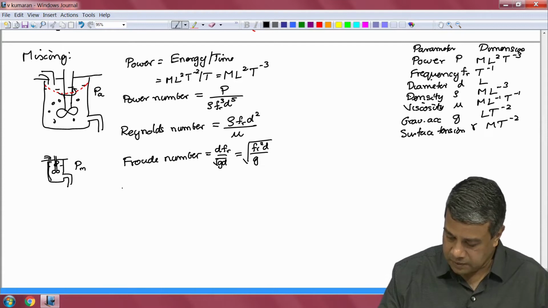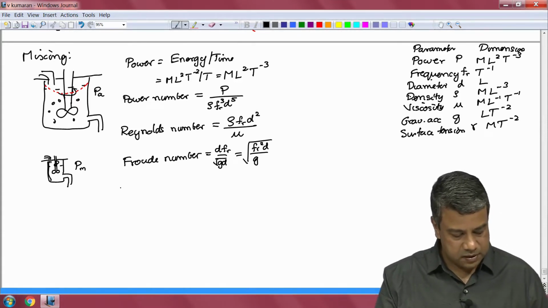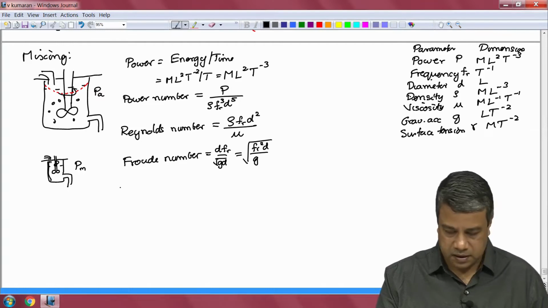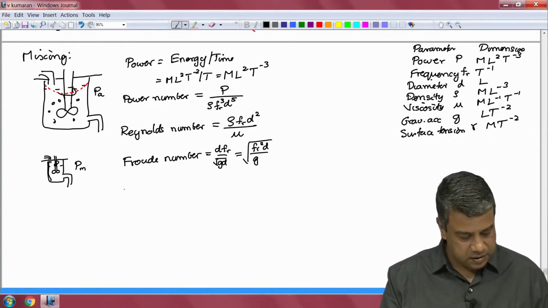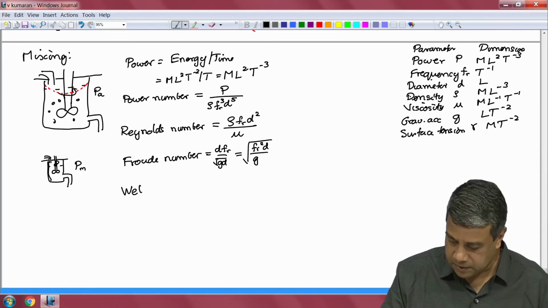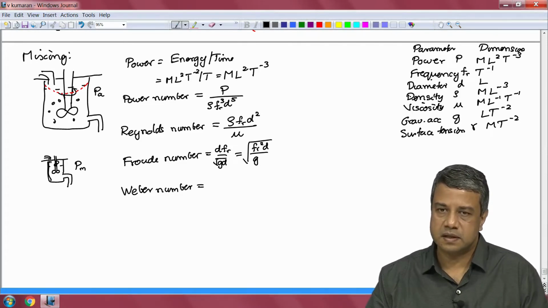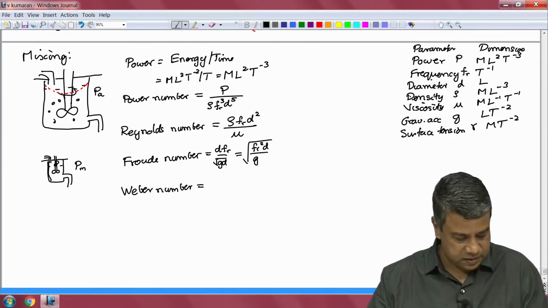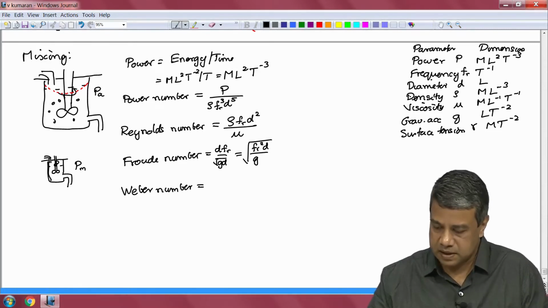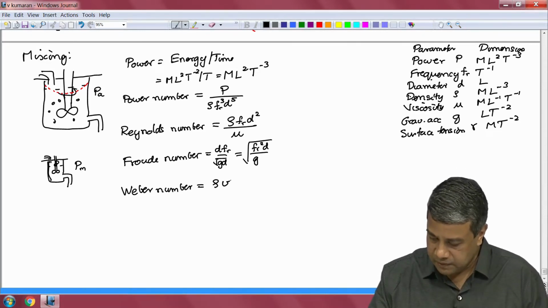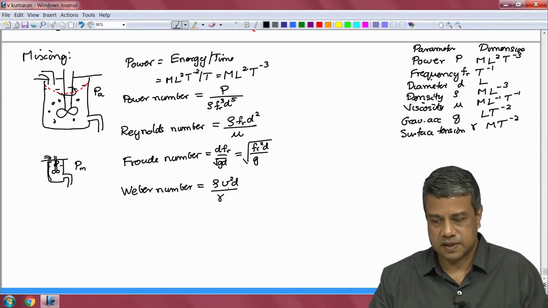And the final one was the ratio of surface tension and either inertial or viscous forces. That is the Weber number. Because it is a large scale system, we will take the ratio of inertial forces and surface tension forces. If you recall, the ratio of inertial and surface tension forces was written as rho v square d by gamma, where gamma was the coefficient of surface tension.